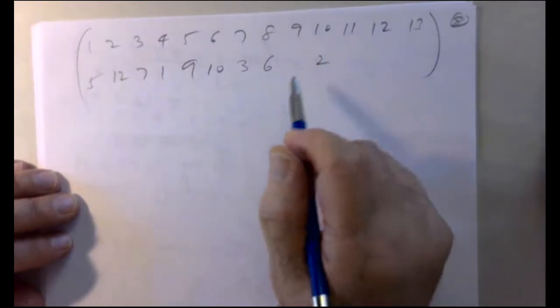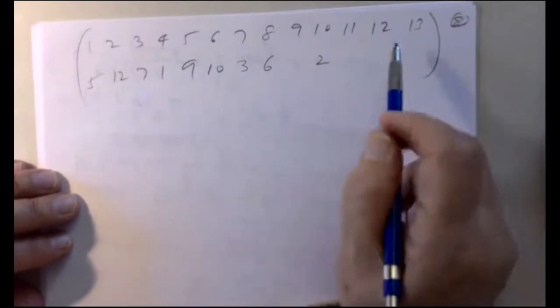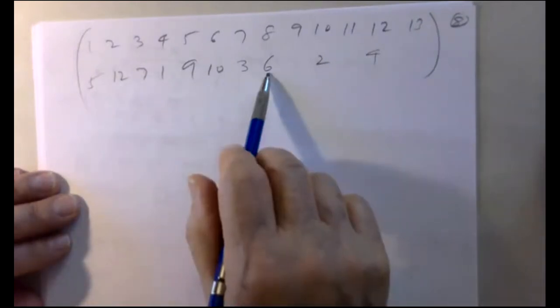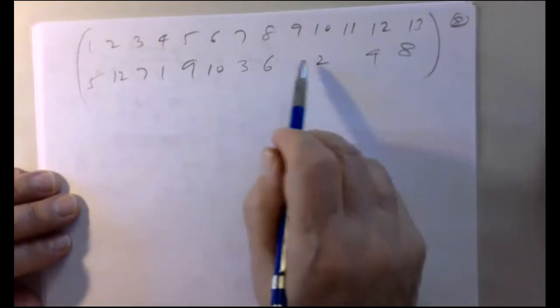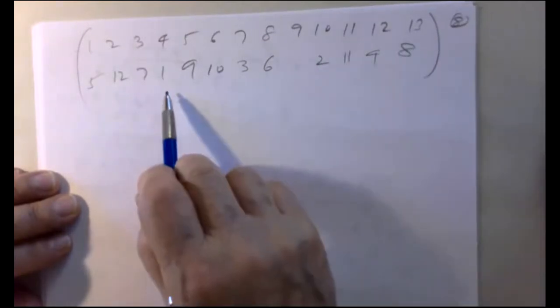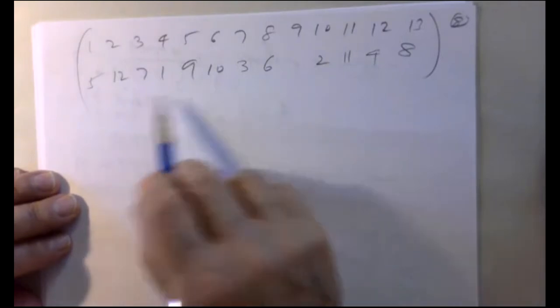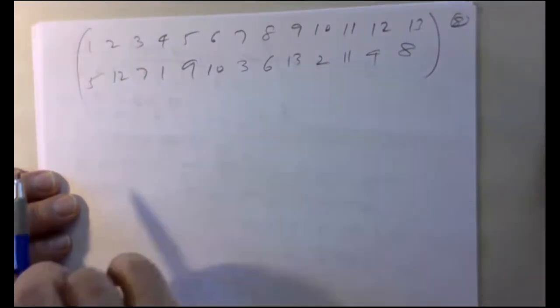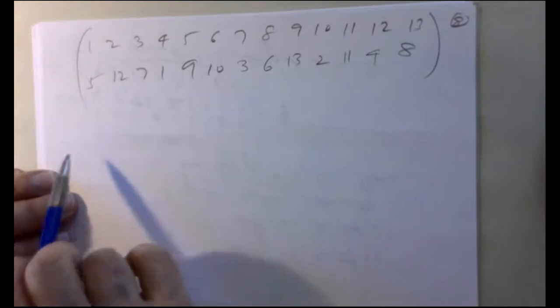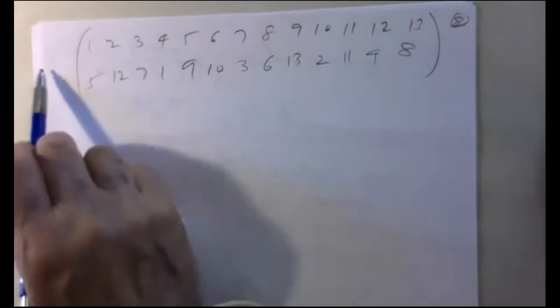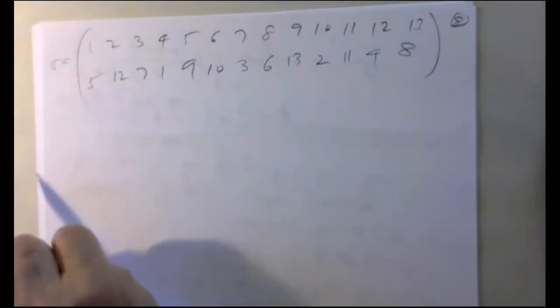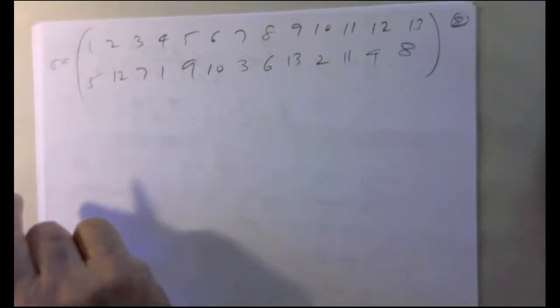I'm just putting these numbers down at random. 1, 2, 3, 4, 5, 6, 7, 8, 9, 10, 11, 12, 13. Okay. Right now you, not me, write this sigma as a product of disjoint cycles.